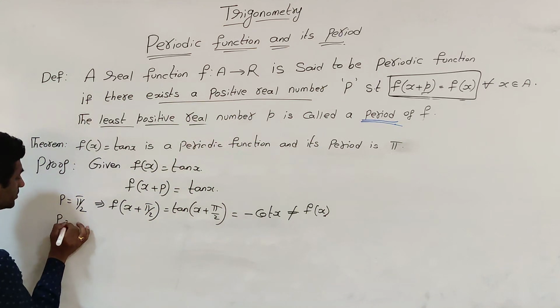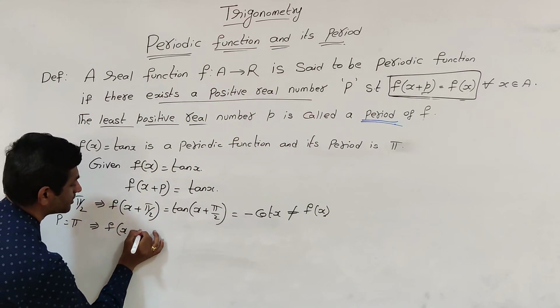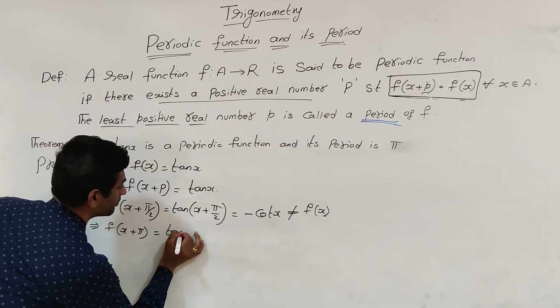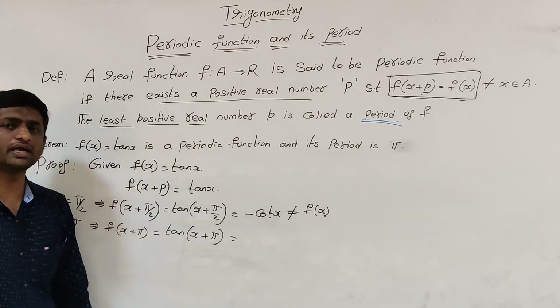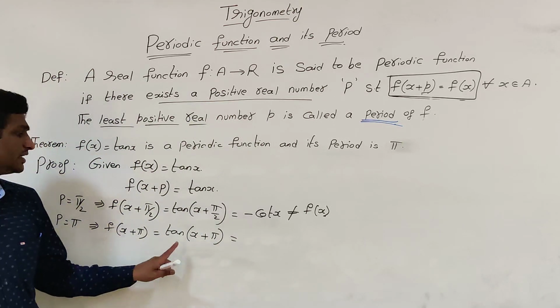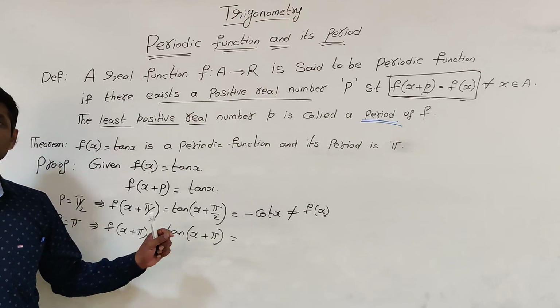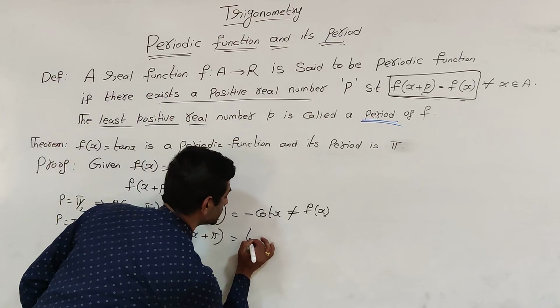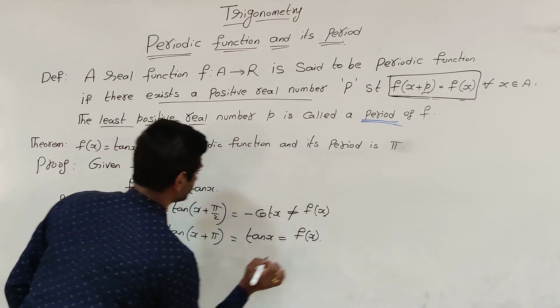Next, p is equal to pi. F of x plus pi is tan of x plus pi. What is x plus pi? 180 plus theta lies in the third quadrant. In the third quadrant, tan is positive, and it is an even multiple of 90, so the trigonometric ratio does not change. So it is again tan x, which is equal to f of x.